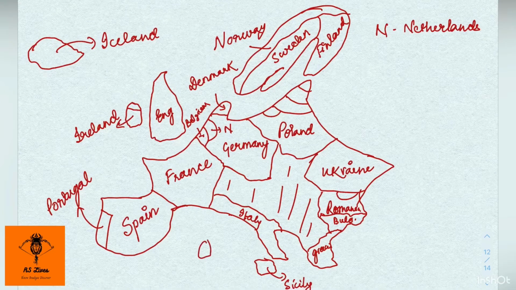This one over here is Sardinia. These are parts of Italy, and over here we have Rhodes, and here we have Corfu. These two are part of Greece.